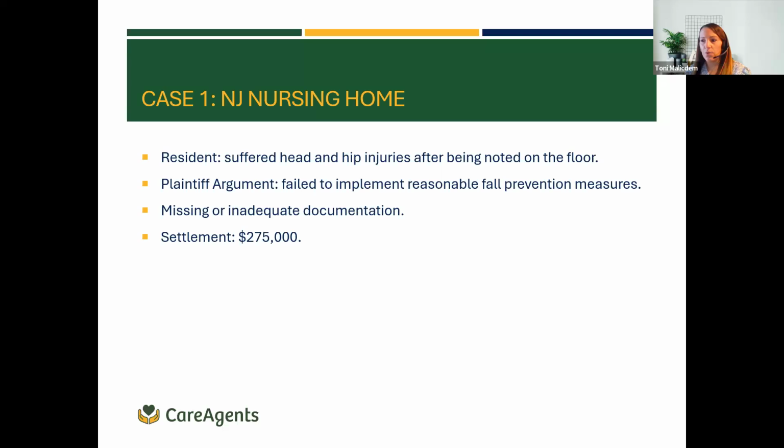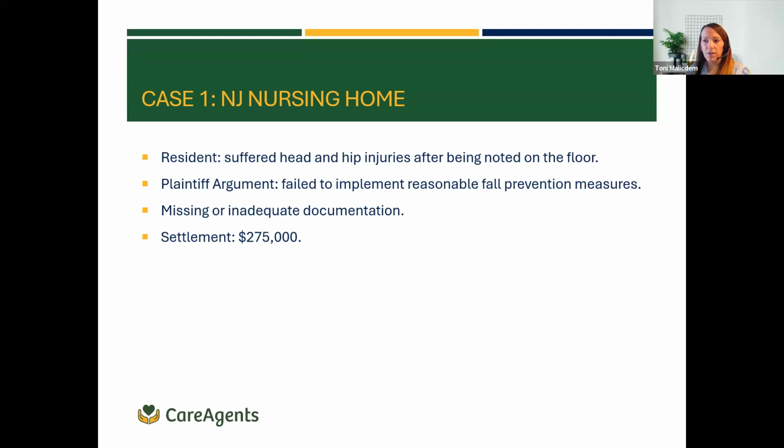So I do want to run through just a couple cases that are real cases. You can find more information about them online, but I just provided a couple facts here. This first case happened in a New Jersey nursing home where a resident suffered a head and a hip injury after being found on the floor.